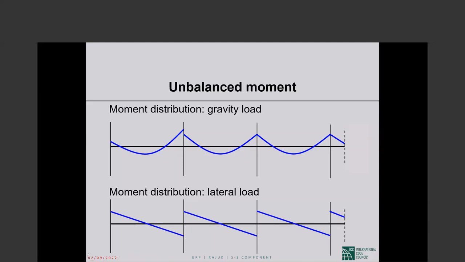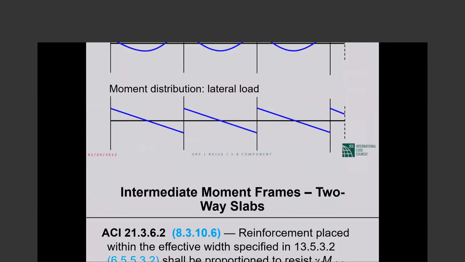So when we utilize a flat plate column frame as an intermediate moment frame, we are looking at significant moment transfer at every support section.